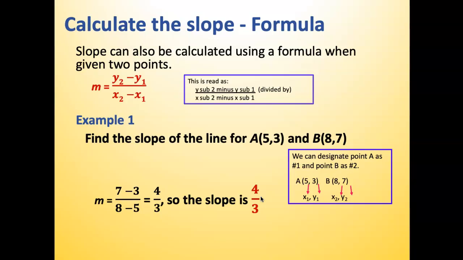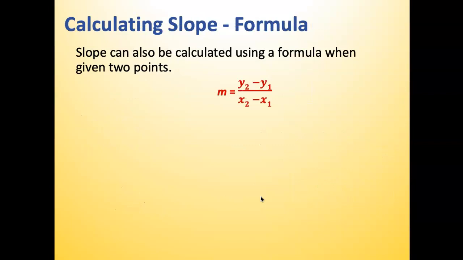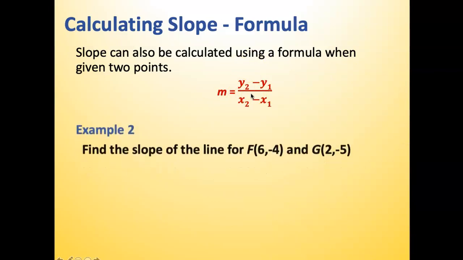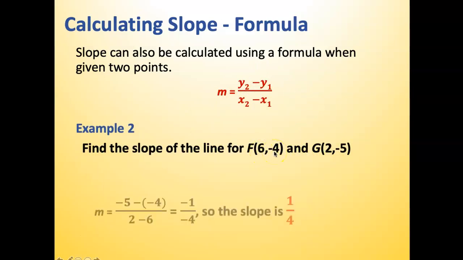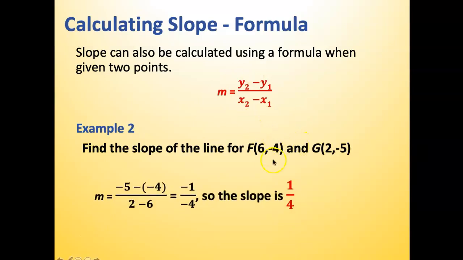Let's have more examples for better understanding. Okay, so now I also again have the slope formula that you can see. Your example now is points F and G. So 6 is x sub 1, negative 4 is y sub 1, and then 2 is x sub 2, negative 5 is y sub 2.